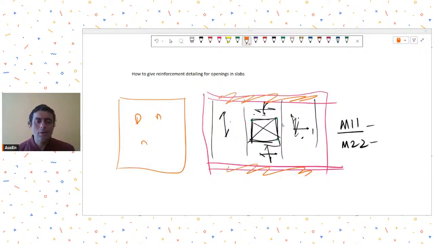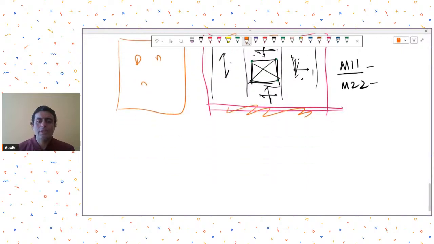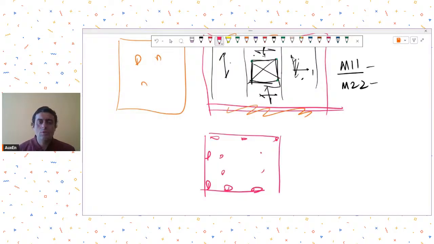The second thing you need to be careful about is that if your slab is part of the lateral load resisting system, let's say this slab had to take large earthquake forces, and then there is an opening also over here. Because of this opening, even lateral force transfer is affected.